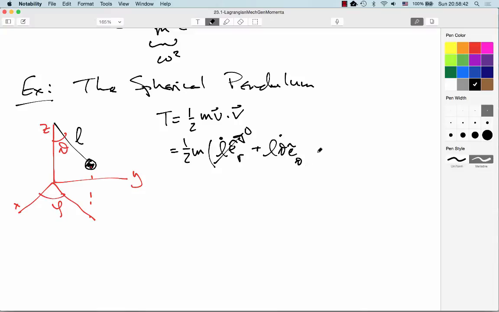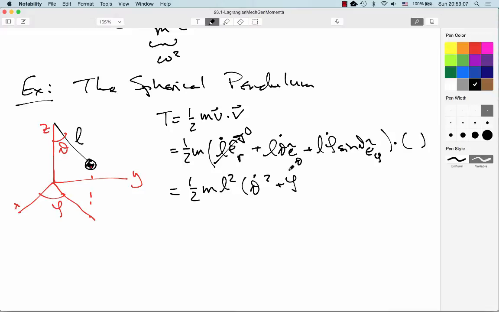And then in the phi direction, that will be L phi dot sine theta times e phi, and then we dot that with itself. Doing that, we will get 1/2 m. Everybody's got an L that we'll have squared. Theta dot squared plus phi dot squared sine squared theta.